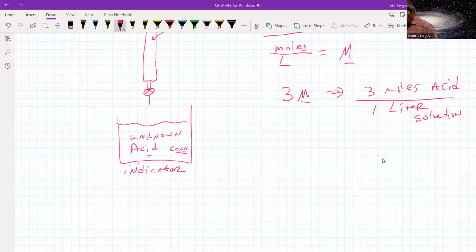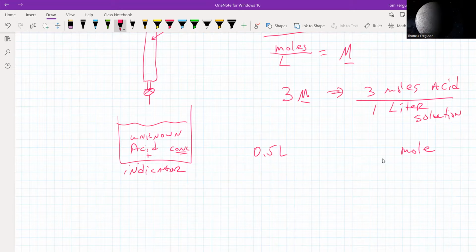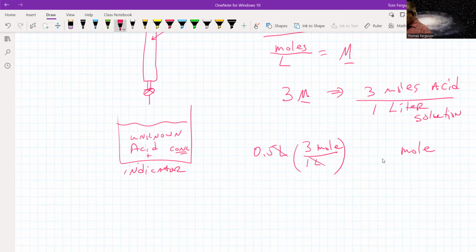So you start with liters, and what do we multiply liters by to get moles? A conversion factor with moles and liters in it, which happens to be concentration. Liters cancel, giving us 1.5 moles of acid. What that means is we're taking volume times molarity equals moles.